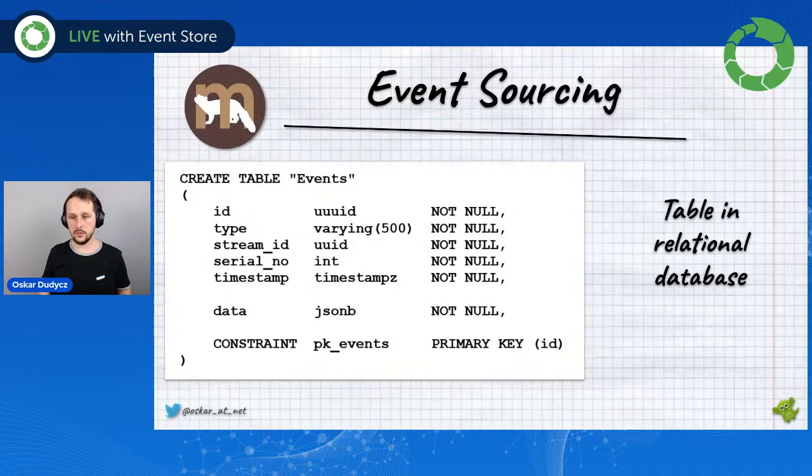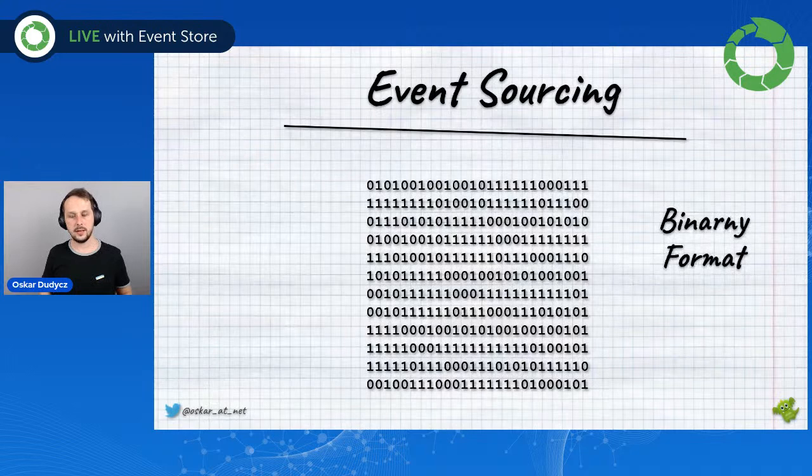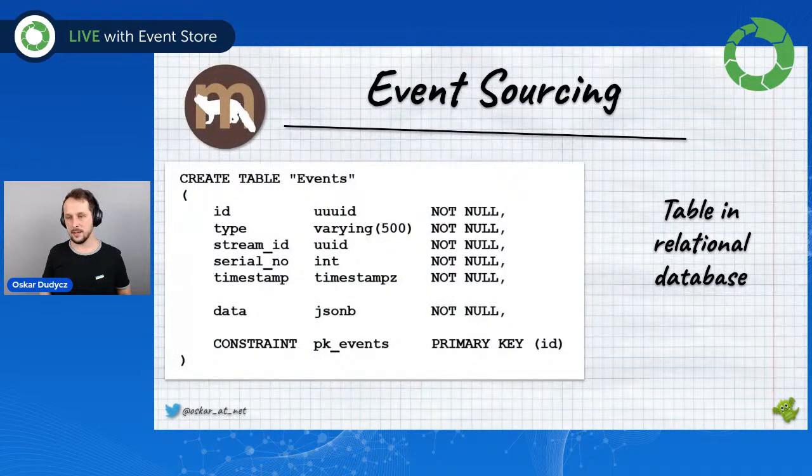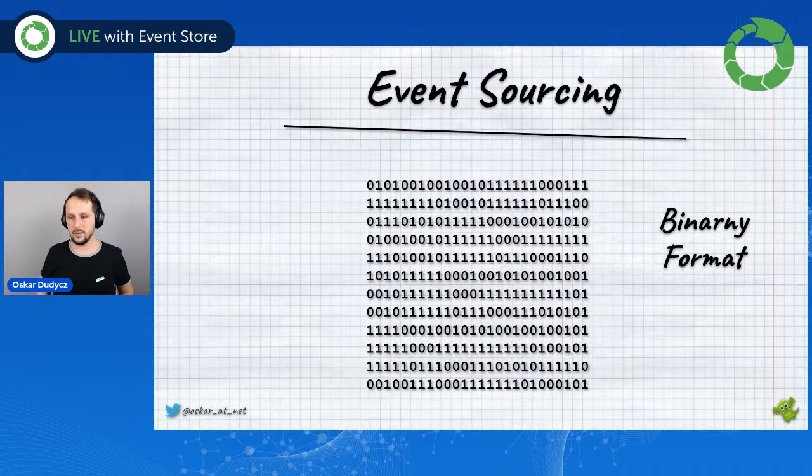So how can we store events? We can store them, for example, in a relational table, because event sourcing doesn't say anything about how we are storing events. However, storing events in a relational way is fine, but we can at some point reach the limit of the relational database, because as we know, relational databases are great, but they are in fact good enough for the majority of cases.